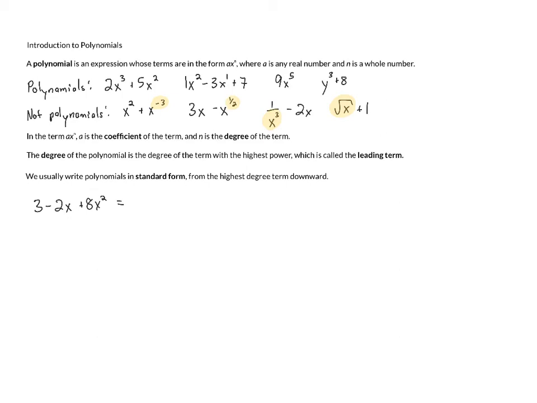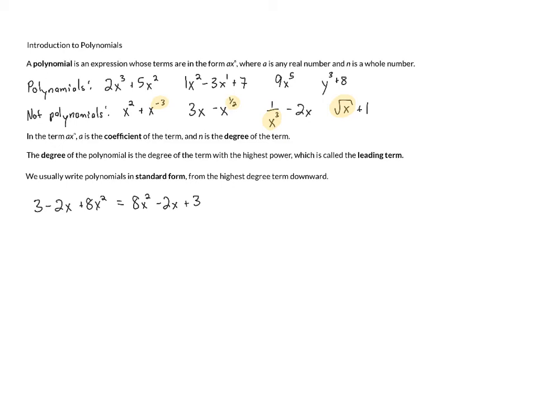Now, if we want to put this in standard form, we've got to start with the highest degree and then work our way downward. The term with the highest degree is this one, so we're going to start off with that 8x squared. Then the next one is going to be negative 2x. The degree of that is 1. And then we always have the constant term at the end, because constant terms have degree 0. That's always going to be the smallest degree. So we've just rewritten this in standard form.